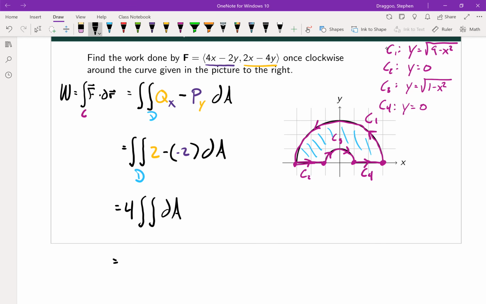So if we make that swap real fast, this will be the double integral of r dr d theta. Well, let's actually color code these in as well. Seems like we were using red and green.